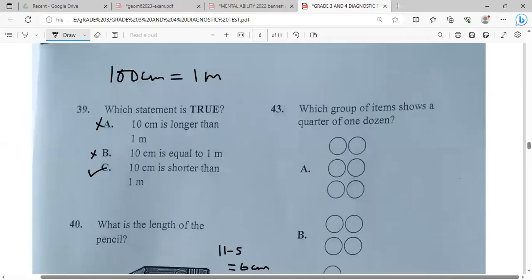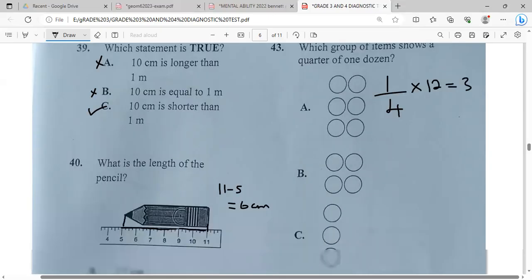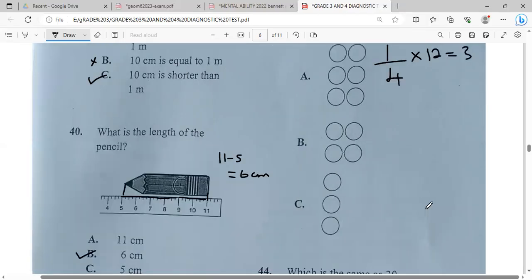43, which group of items shows a quarter of 1 dozen? Now a quarter of 1 dozen means 1 dozen is 12. So it should be 3 circles. So we're looking for the one with 3 circles, and that would be C. So it's a quarter of 1 dozen.